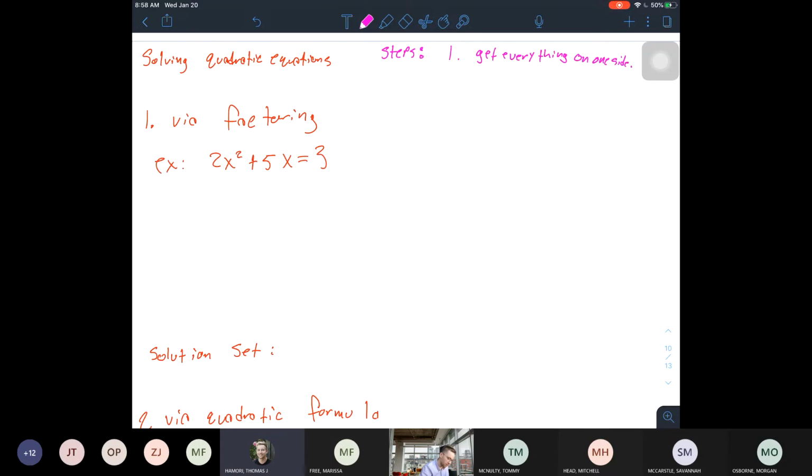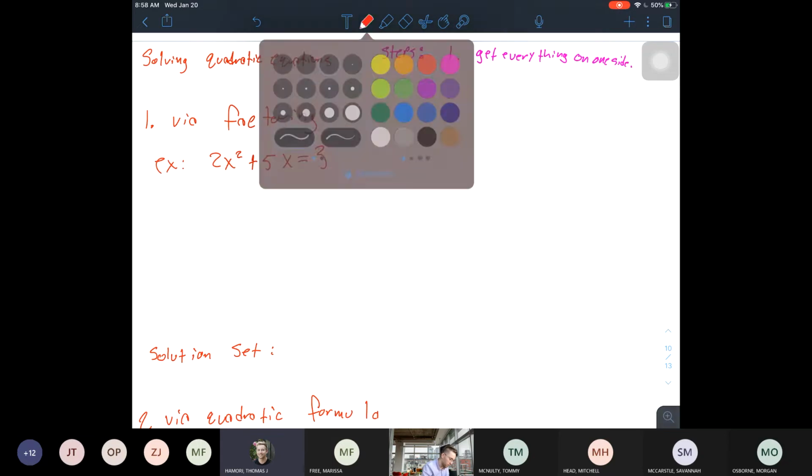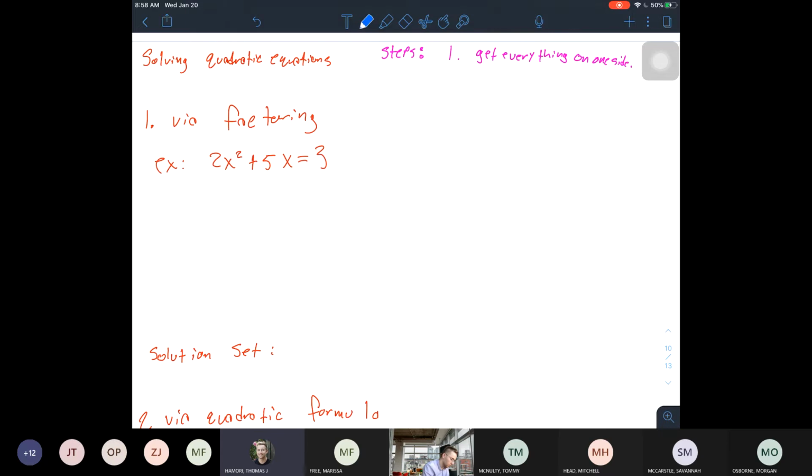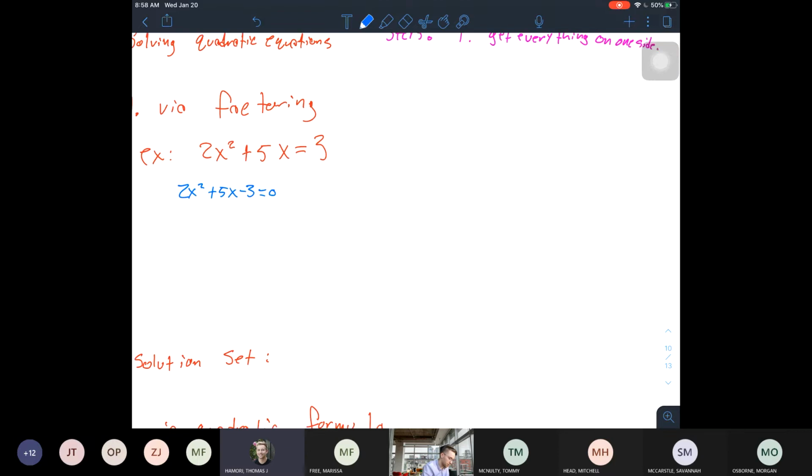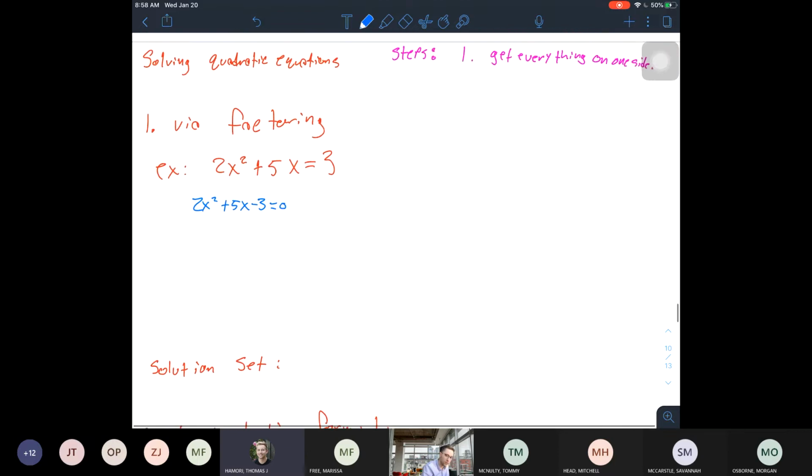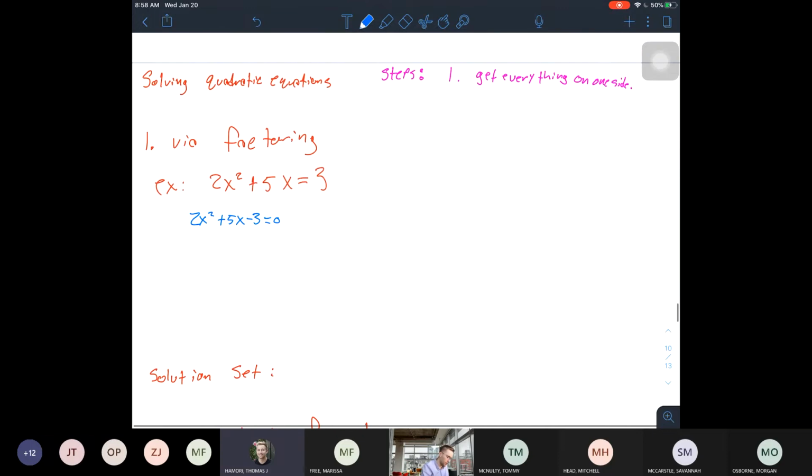It's going to be the first step every time. So let's do that first step. We would get 2x squared plus 5x minus 3 equals 0. And from here, we just want to factor.